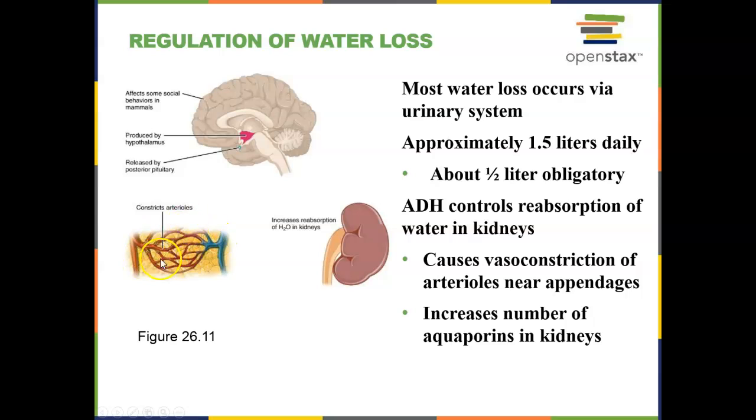That's going to cause vasoconstriction of the blood vessels near the surface of our skin, and it's going to stimulate the kidneys to produce extra aquaporins that will increase the amount of water that is taken back into the body, so we don't lose as much.